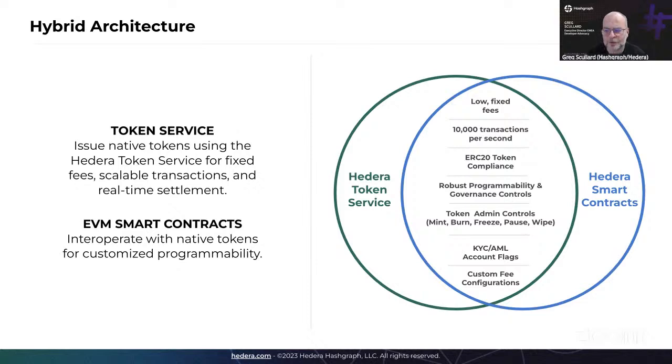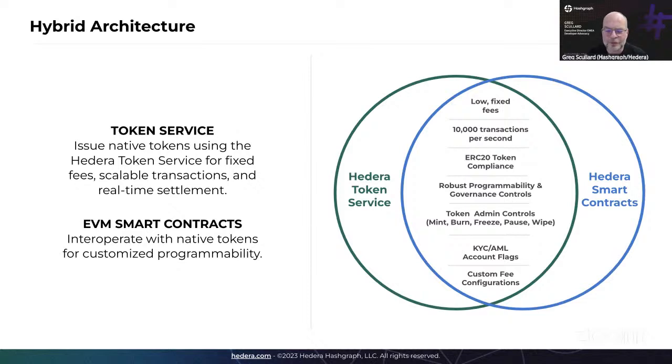The idea with the Hedera Token Service is that you can issue tokens on the Hedera network, fungible tokens or non-fungible tokens, without relying on smart contracts at all. So that means that non-Solidity developers can very quickly create stablecoins or tokens on the Hedera network using the Hedera Token Service, which is native and very efficient.